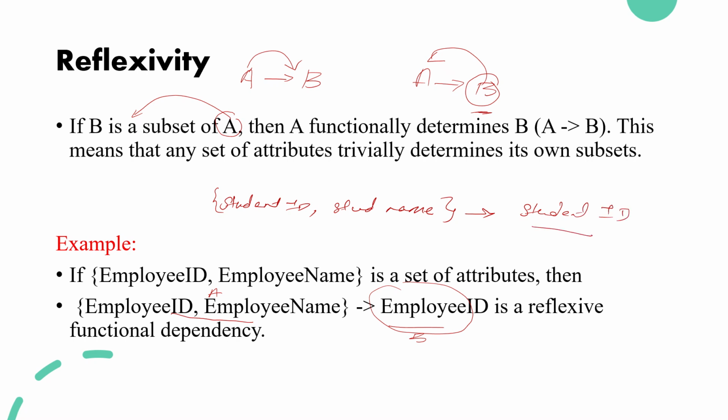Student ID is a subset of student ID comma student name. So this is reflexive, or this is also called a trivial dependency, because the dependent attribute student ID is already a part of this determinant student ID comma name.